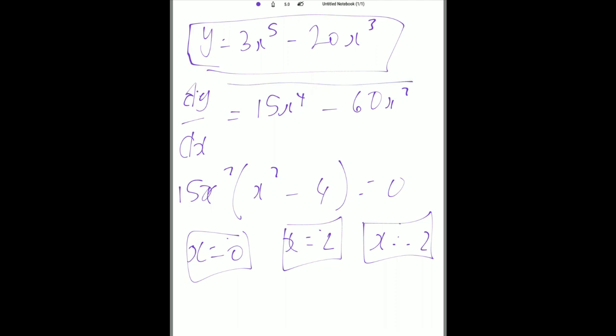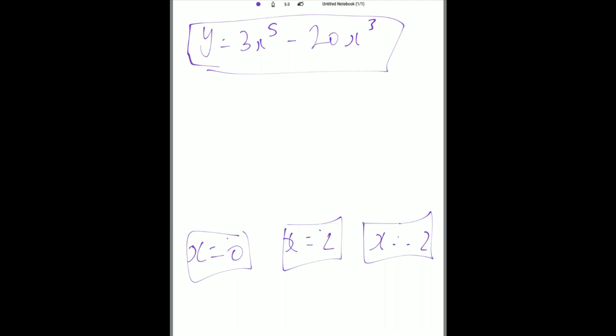So let me just clear right here. So we find the second derivative now by differentiating the first derivative. d squared y by dx squared would be equal to 60x cubed minus 120x. So there we have the second derivative. Now let's plug these values in there.